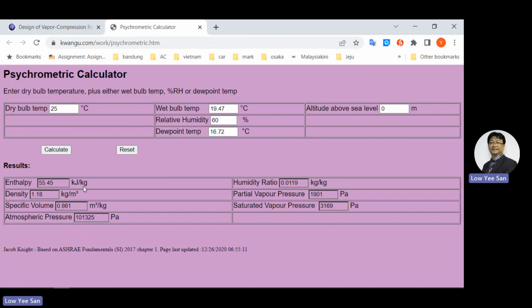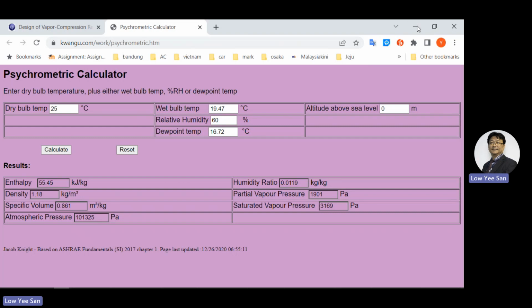That difference is the heat you need to remove per kg of air. You get it? So this is a calculator for the enthalpy change. Basically you need to lower the enthalpy of the room.